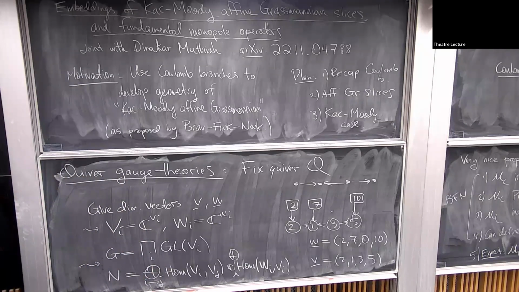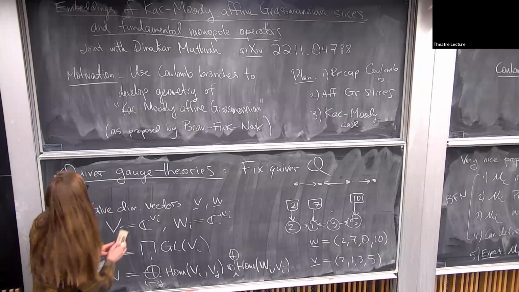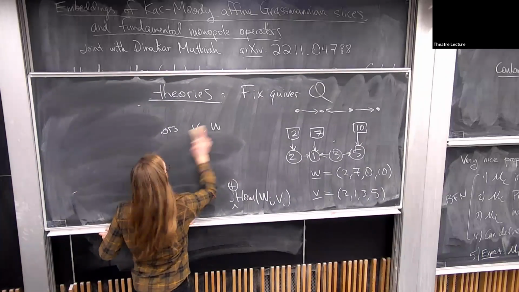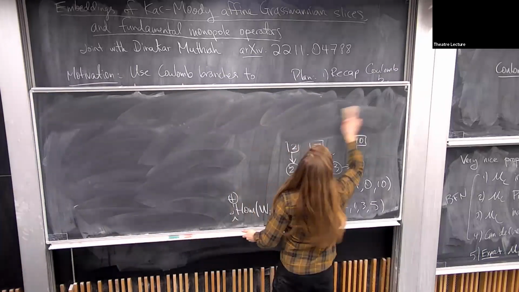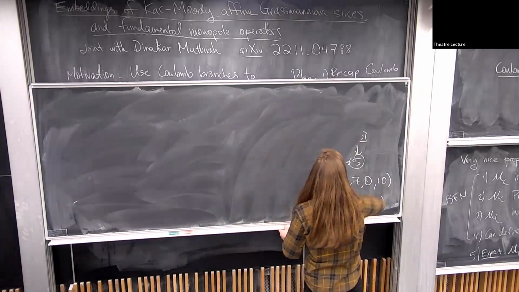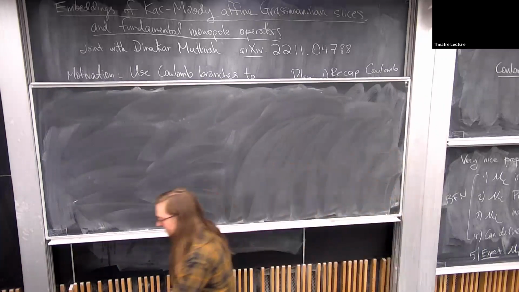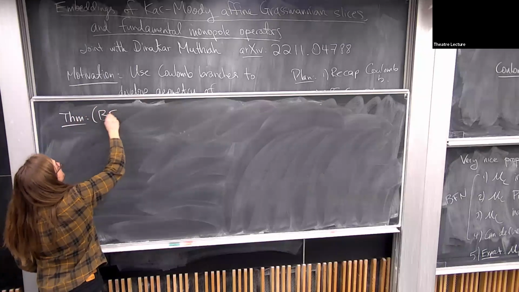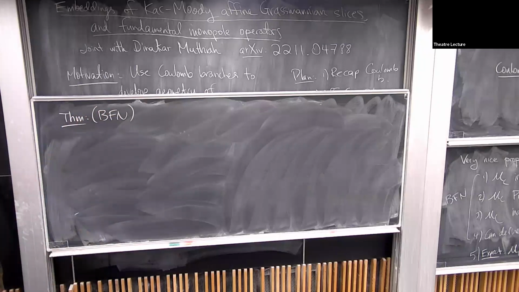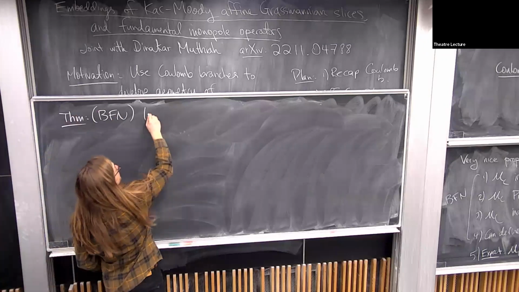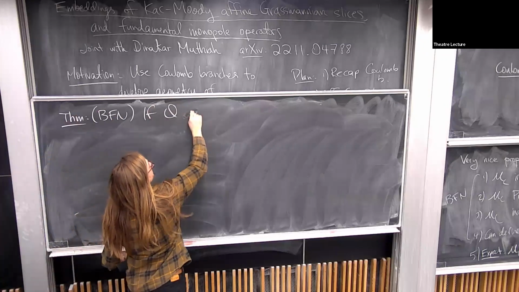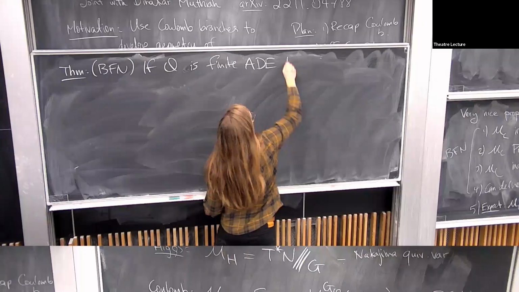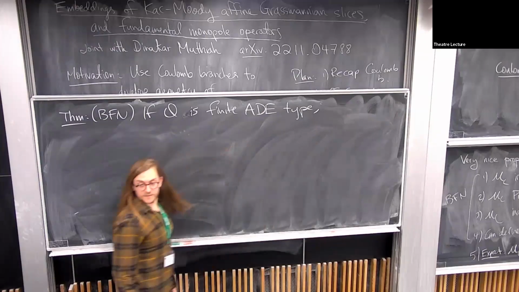Thank you. Okay. That's a summary, but the main drawing point for this, what I'd like to tell you, is a theorem of Braverman, Finkelberg, and Nakajima in their second Coulomb paper. It says that if you start with a quiver of a finite ADE type, then we can say exactly what this variety is.